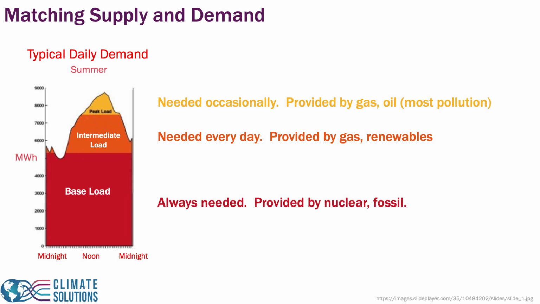So this concept of base load and intermediate load and peak load are dealt with in different ways by the market. Base load can be thought of years in advance. You know you're going to have a city, you know you're going to have a certain amount of demand, you know you're going to need a certain amount of power plants to provide that demand. You can usually predict the daily fluctuations for a region pretty easily, right?